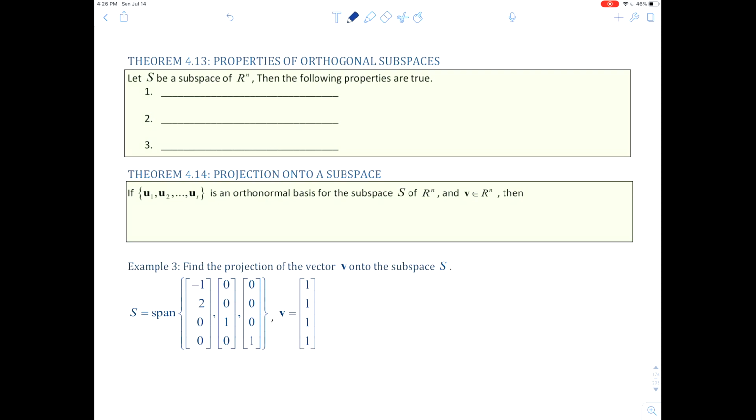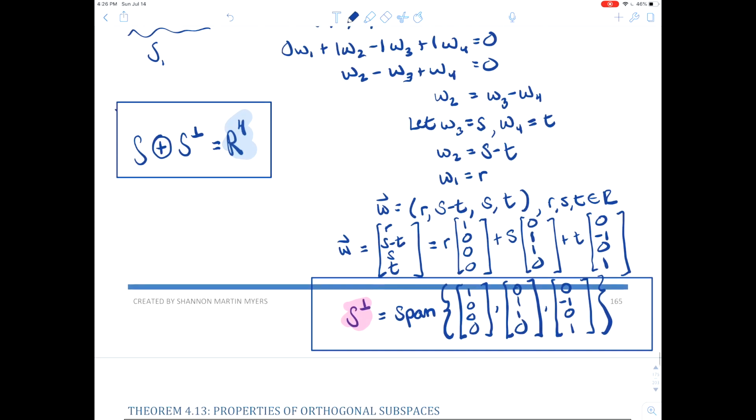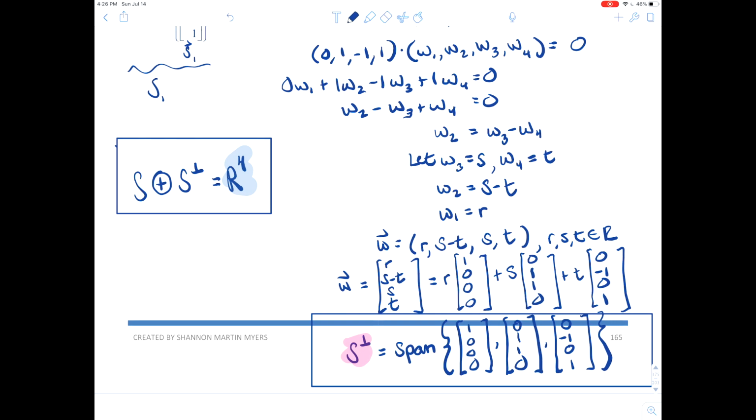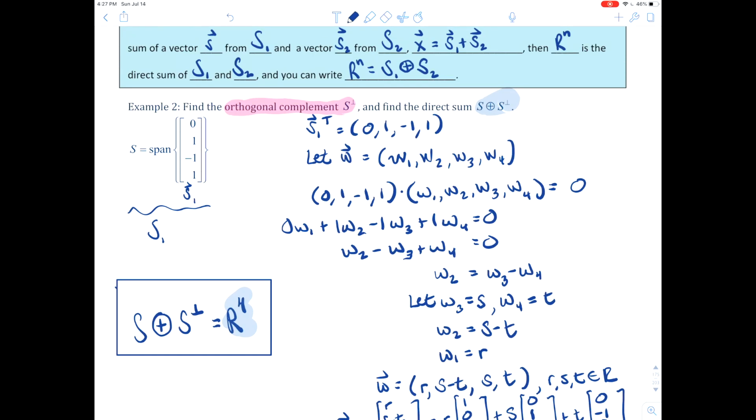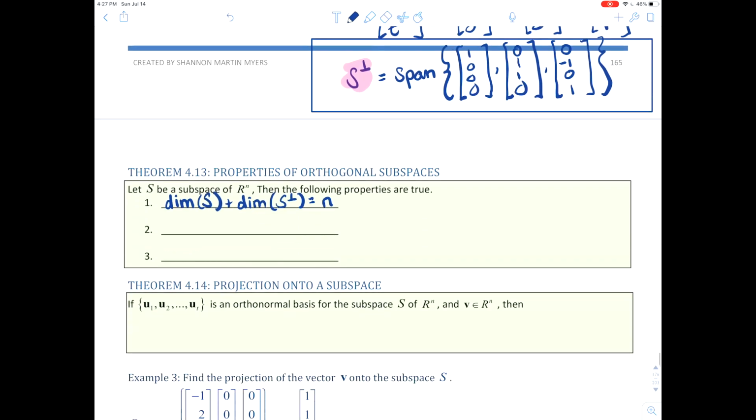Let S be a subspace of Rn, then the following properties are true. The dimension of S plus the dimension of the orthogonal complement of S has to equal n, right? And we saw that there's 3 vectors in a basis for the orthogonal complement. 3 plus 1 was equal to 4, R4.